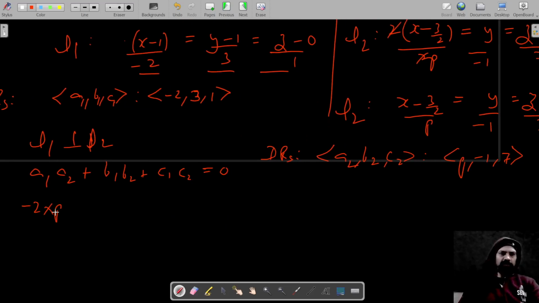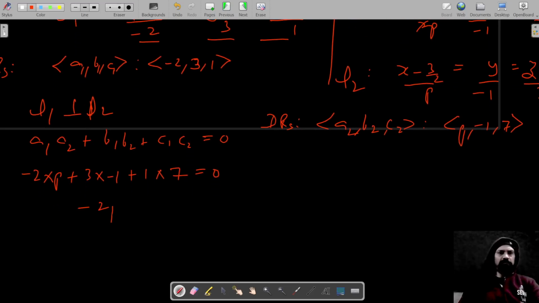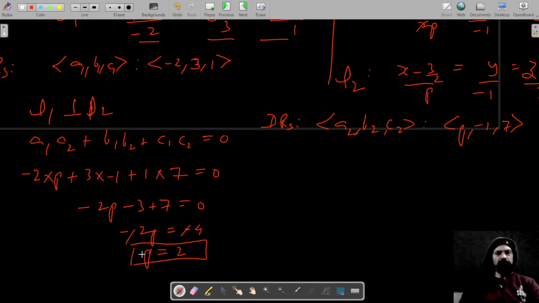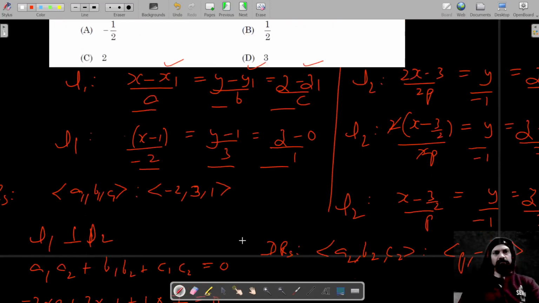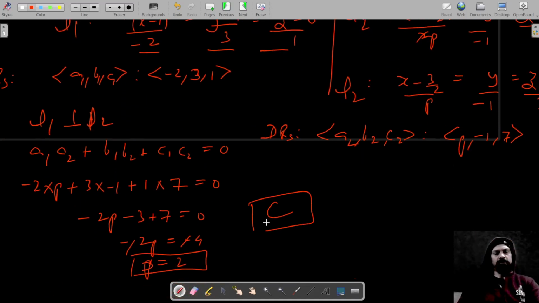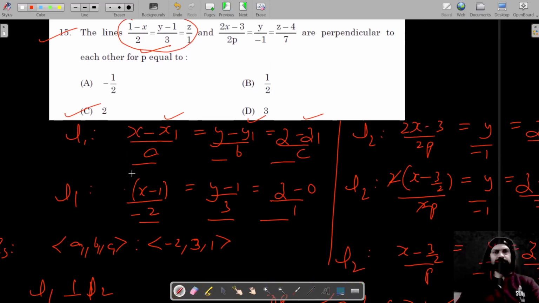So this becomes -2 into p plus 3 into -1 plus 1 into 7 is equal to 0. So -2p minus 3 plus 7 is equal to 0. This is -2p is equal to -4, which gives us p is equal to 2. So p is equal to 2. C is the correct option for this one.